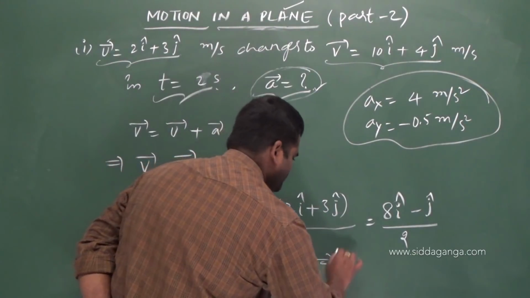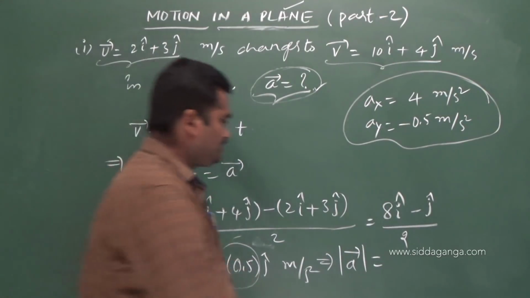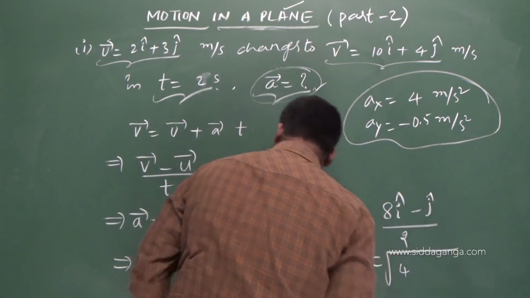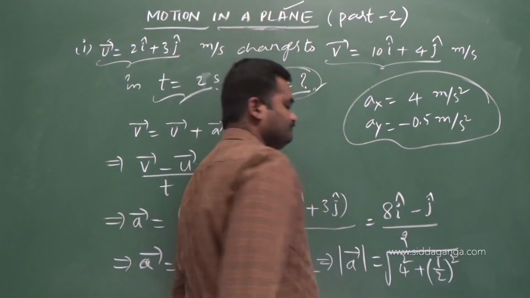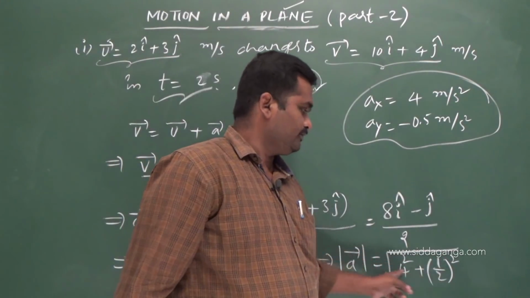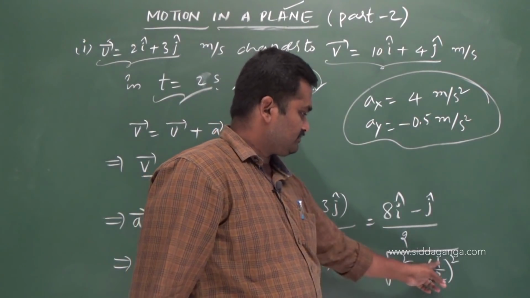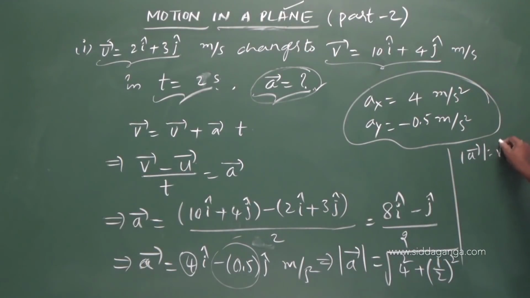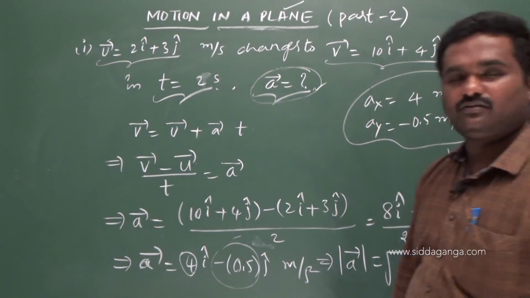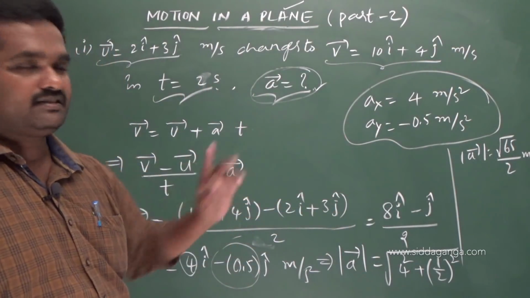Mod A, the magnitude of acceleration, has i and j components, so directly I can write root of 4 square plus 0.5, which means 1 by 2, whole square. 16 plus 1 by 4 is 64 plus 1, 65 by 4. So mod A equals root 65 divided by 2 meter per second square. That's how I need to write it for acceleration.